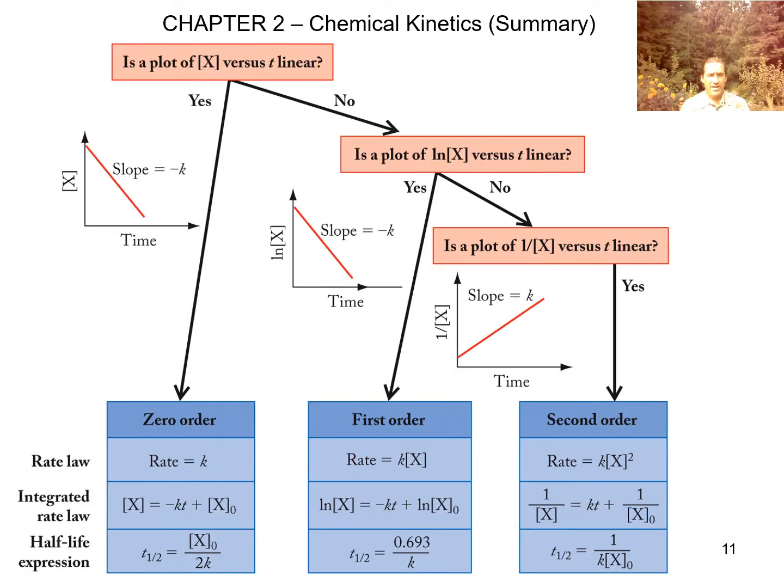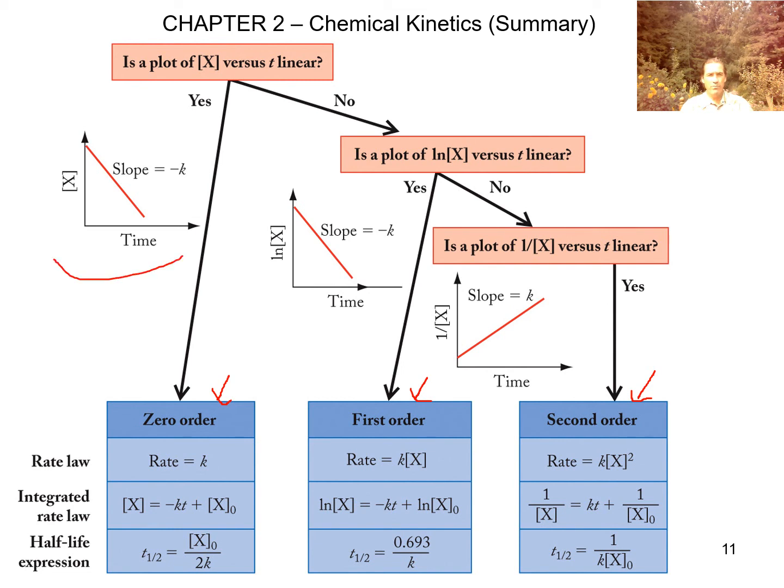So this slide kind of sums it all up. So I want you to be able to use these reactions, or I should say rate laws, and also equations to calculate certain aspects of a kinetic system.